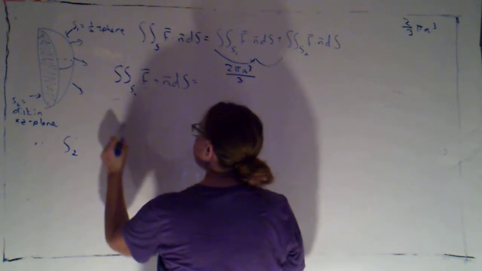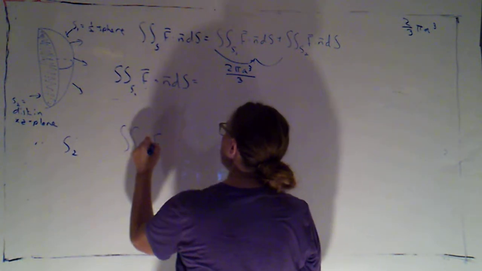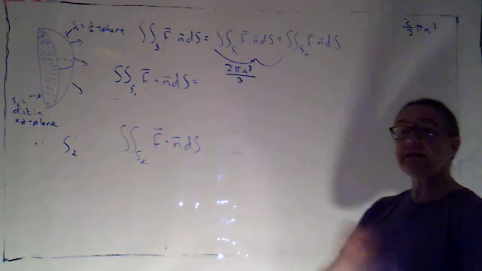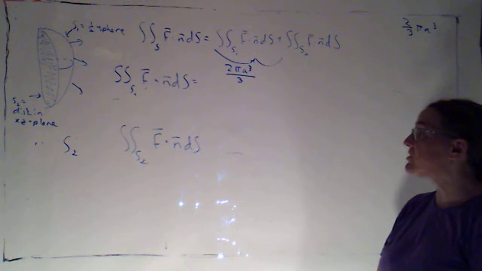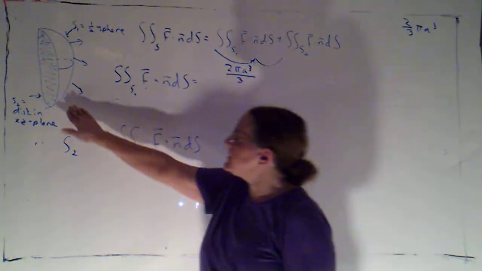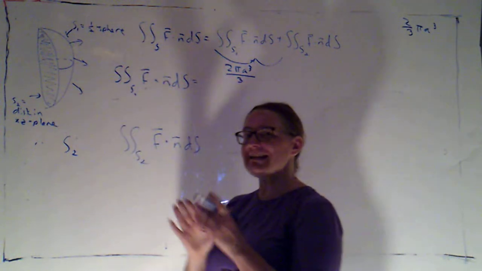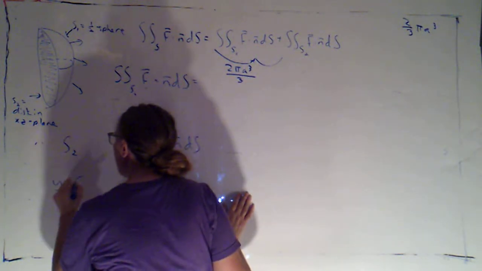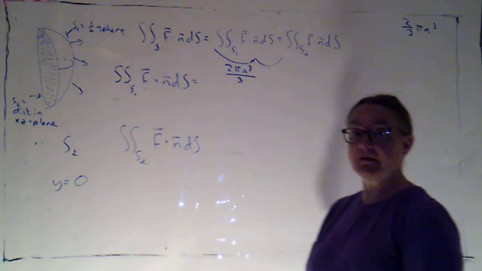Okay. So for S2, we're now evaluating the double integral over S2 of f dotted with n dS. I'm going to need to parameterize that surface. But notice that surface is in the xz plane. So it's y equals 0.